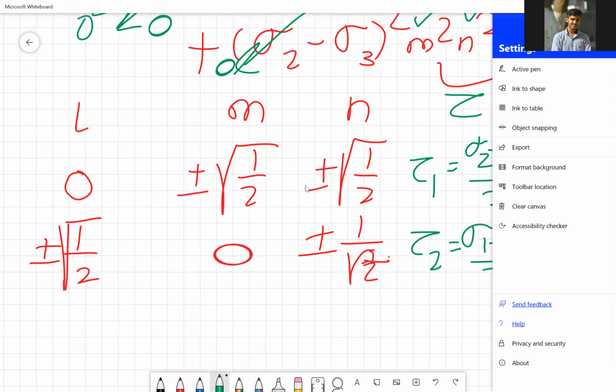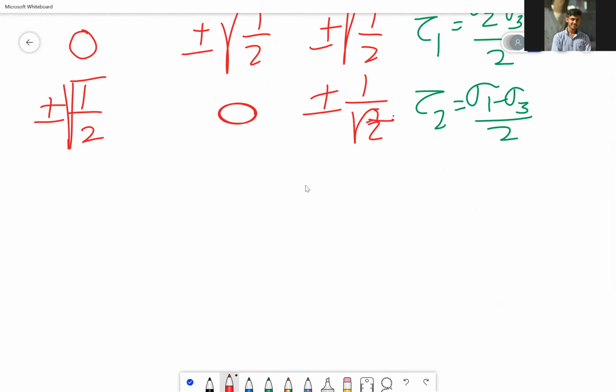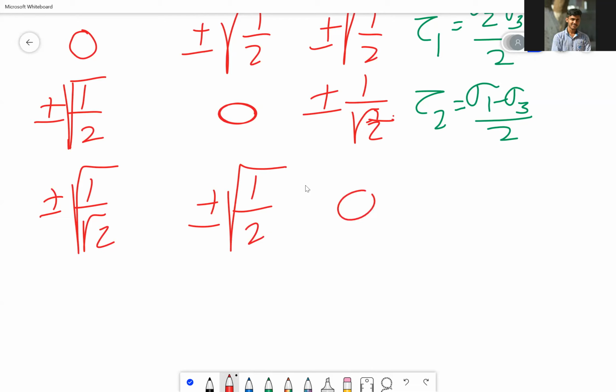Next we'll see here by putting the equations. Now we'll put this L is plus or minus 1 by root 2. Sorry, whole root 2, not root 2. And also M is 1 by root 2, then N is 0.